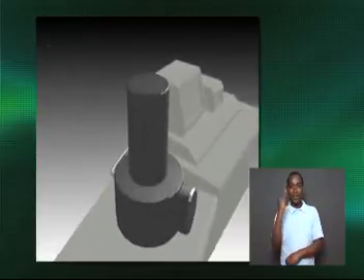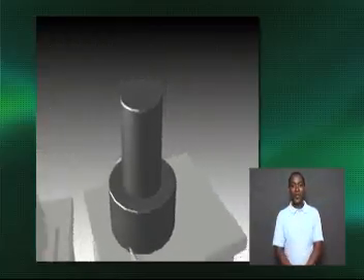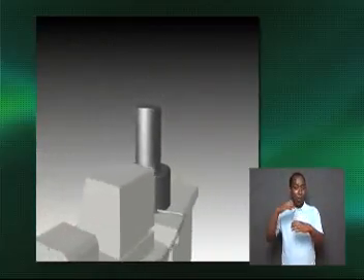Now, let us look at the electron microscope. As we have learned, light microscopes use light to form an image. An electron microscope uses beams of electrons to form an image.